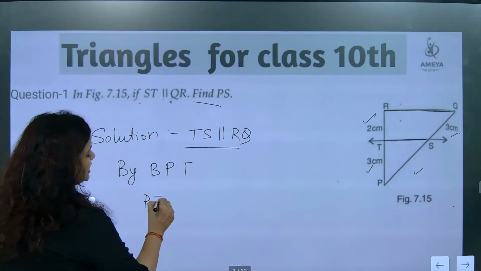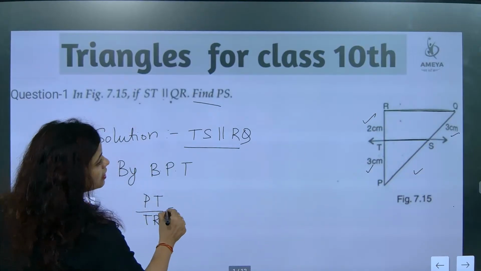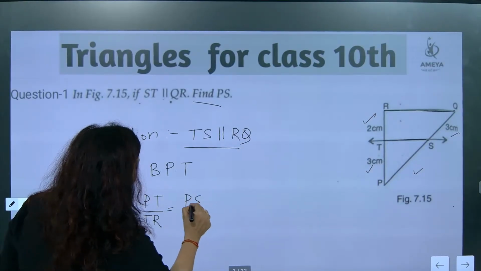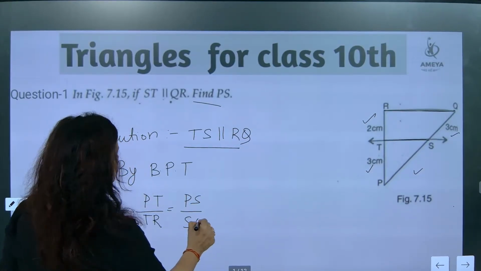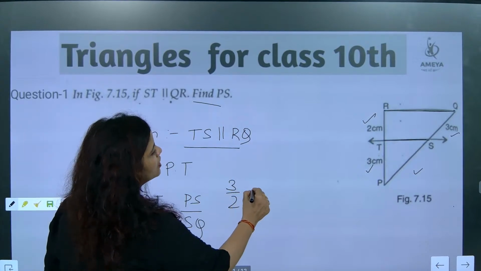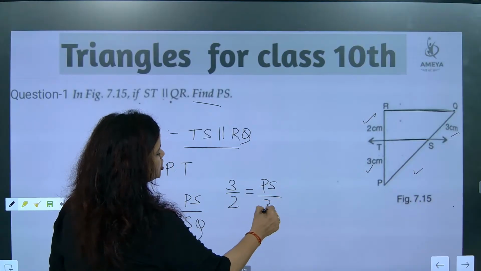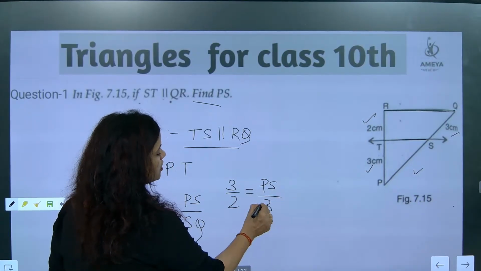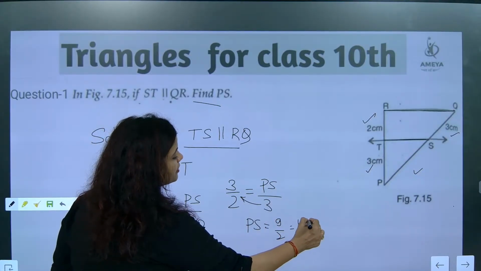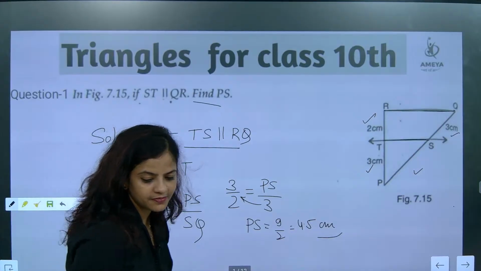We will write PT by TR, this side by that side, equal to PS by SQ. So PT by TR means 3 by 2 is equal to PS by SQ. SQ is 3. So PS is equal to, shifting this side, 3 threes are 9 by 2. So the answer is coming as how much, beta? 4.5 centimeter. Did you get this point?